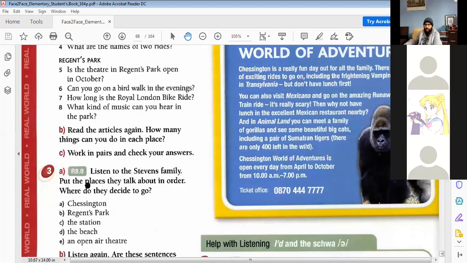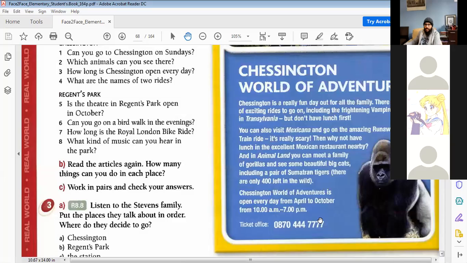Now, what about Chessington? What are the things you can do in Chessington? How many things? You can go on rides.